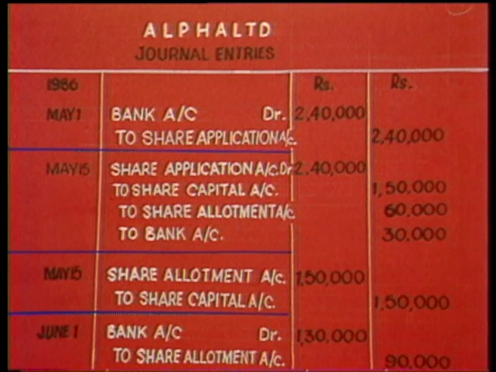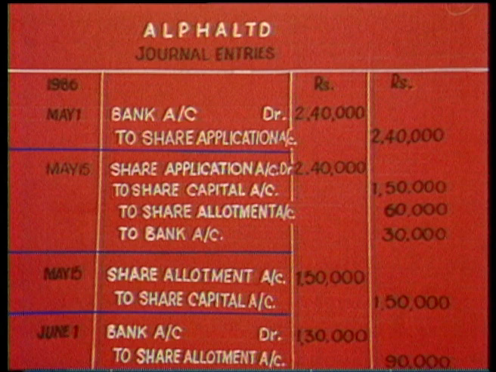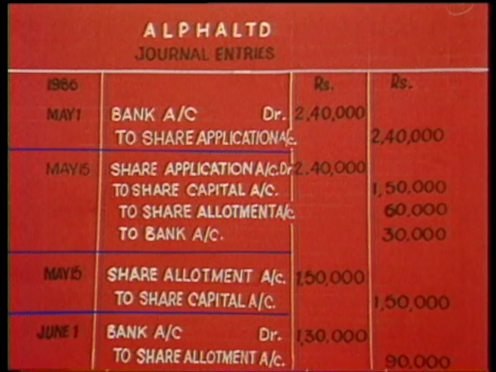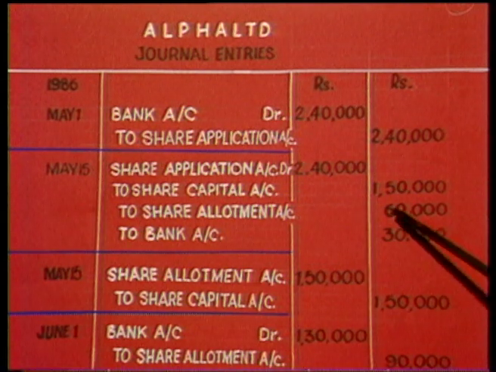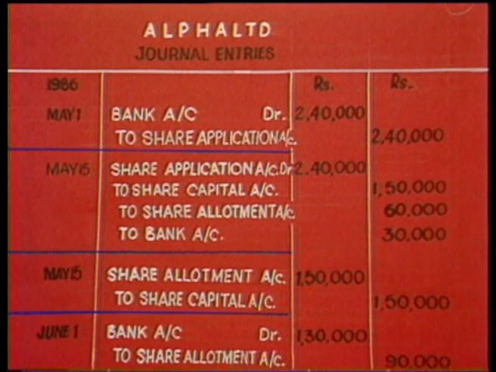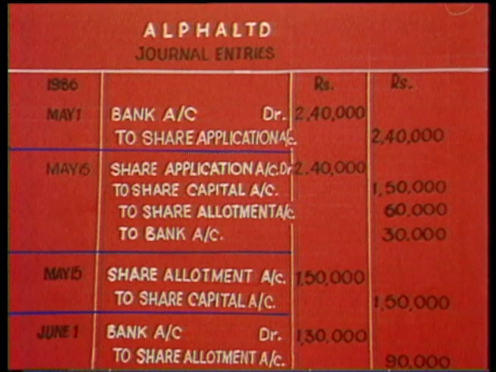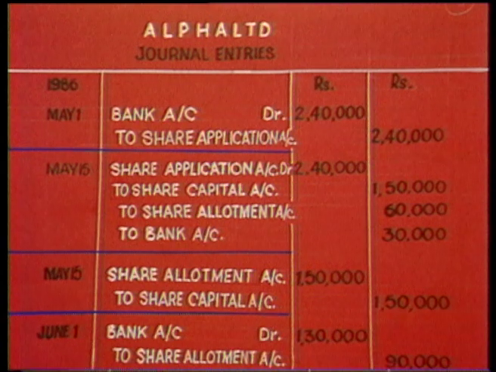On the 20,000 shares that were rejected, out of the applications for 60,000 shares, you have the amount of rupees 3 per share totaling to 60,000 rupees that has been received. This will be transferred to the allotment account in respect of those applicants.